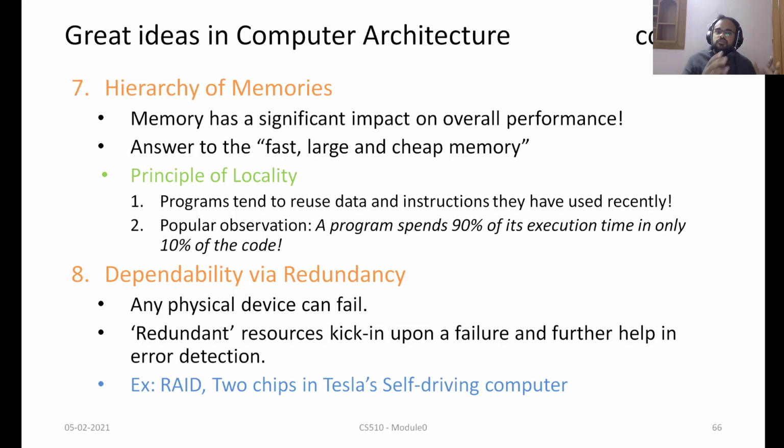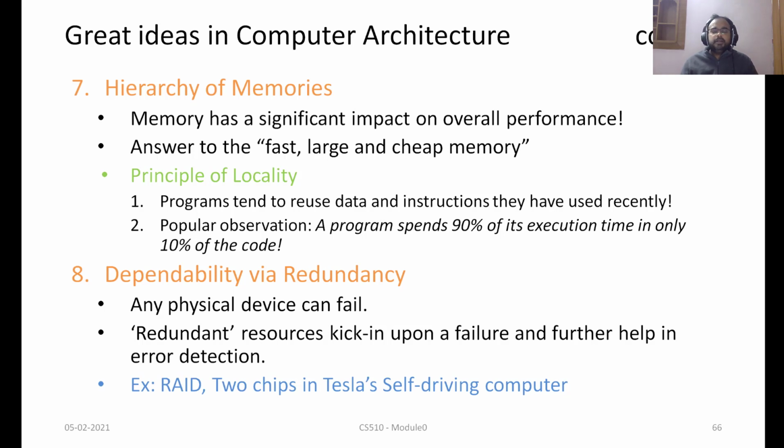RAID expands to redundant array of independent disks. We are going to look at it again in the memory module. And a couple of lectures back, I mentioned Tesla's self-driving computer. It had two chips working in tandem, distributing the load, and in case one fails, the other will still be able to handle the overall computing requirement.